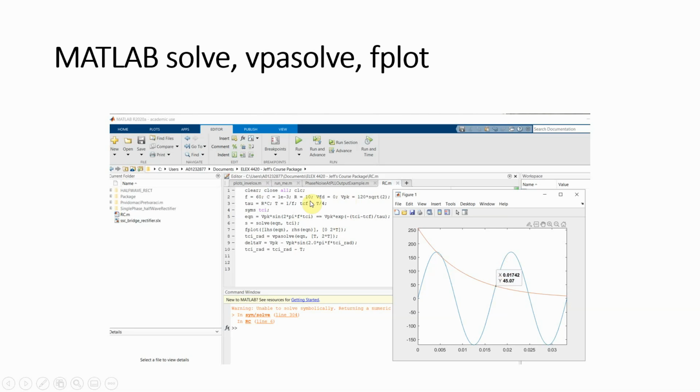We assume that there is no forward bias voltage drop on diodes. So the delta V in this case would be from this point minus here, but I also wrote the code to calculate delta V.